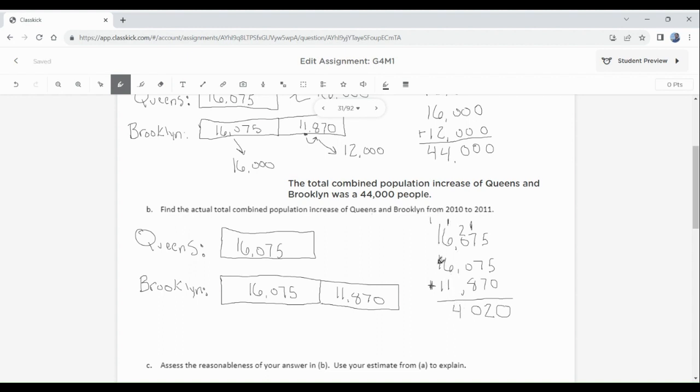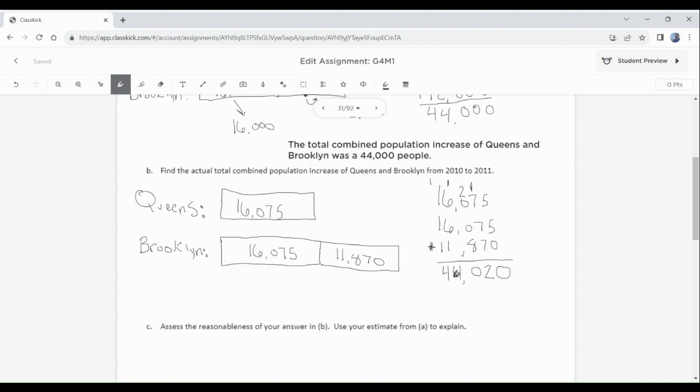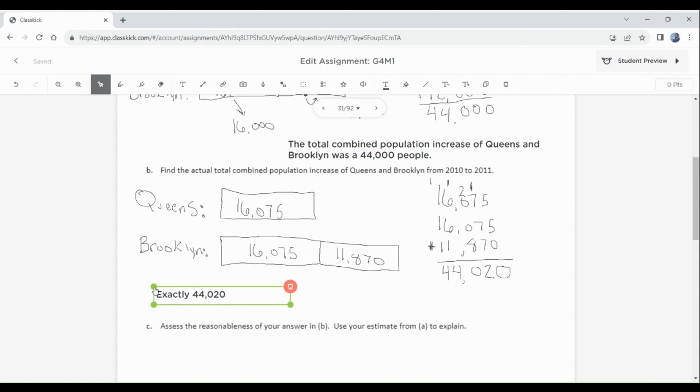And 1 plus 1 plus 1 plus 1 is 4 to make 44,020. So again, I could say exactly 44,020 people moved into Queens and Brooklyn in 2010 and 2011.